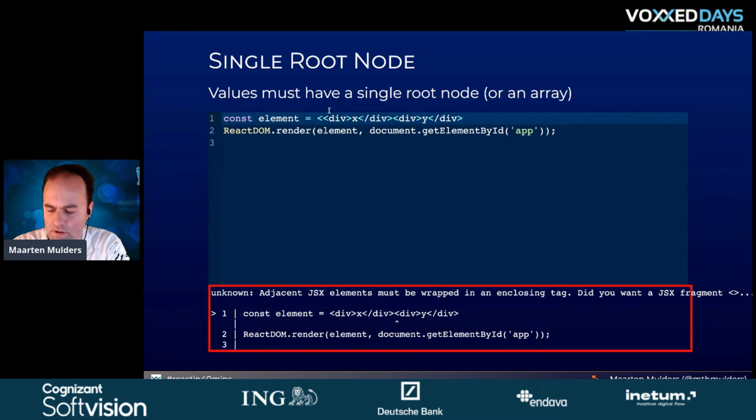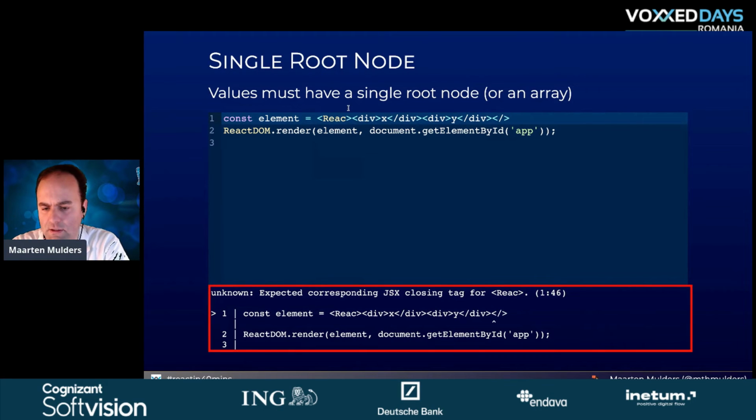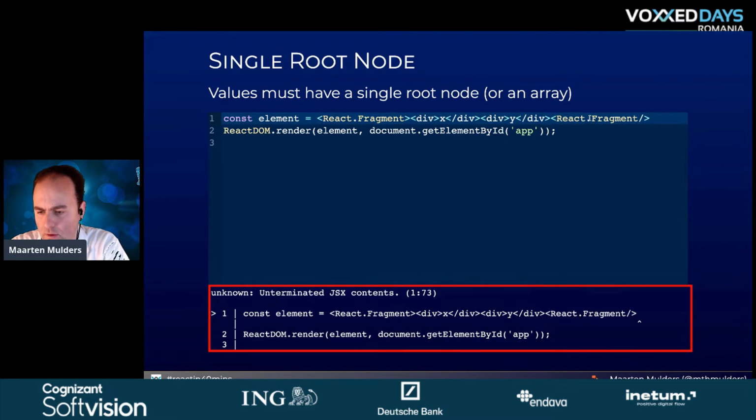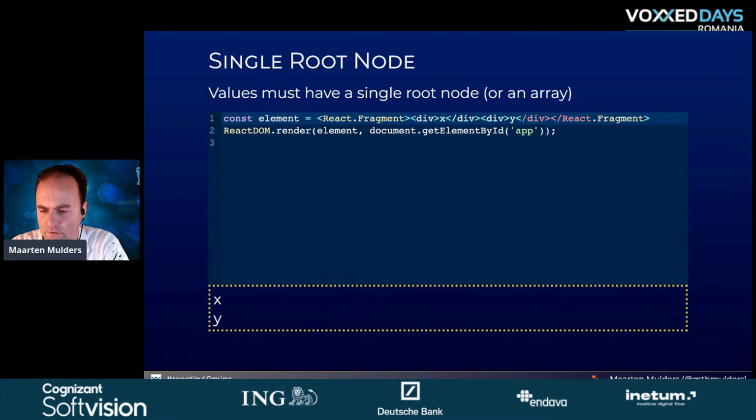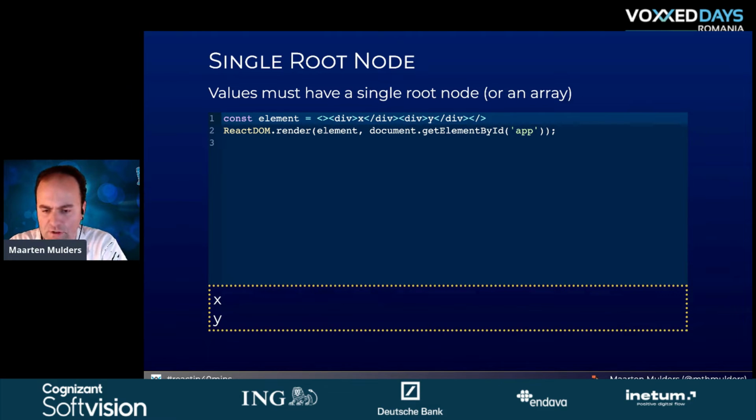Well, let's try a JSX fragment. Sounds cool. I'm going to add that. And now it works as we would expect. The fragment is in fact a shorthand notation for this. So you could say it's an XML tag called react.fragment, but because they thought you're going to use this a lot, let's make a shorthand notation as well.